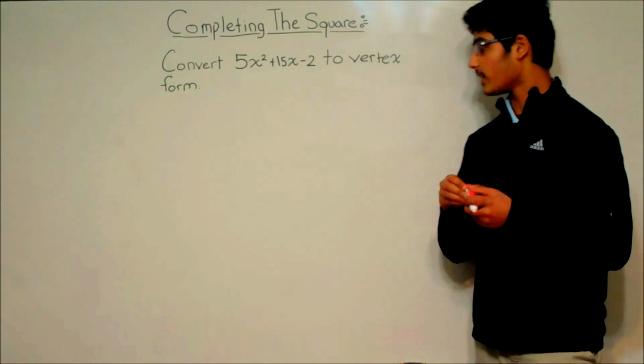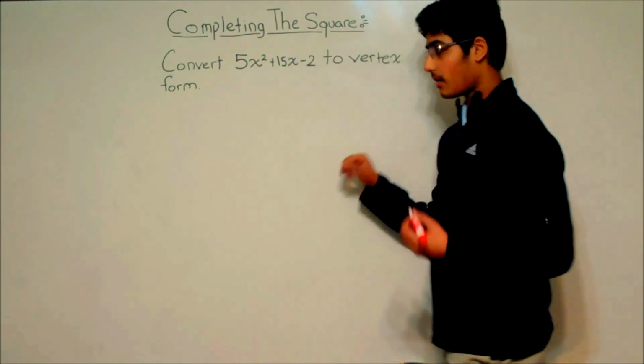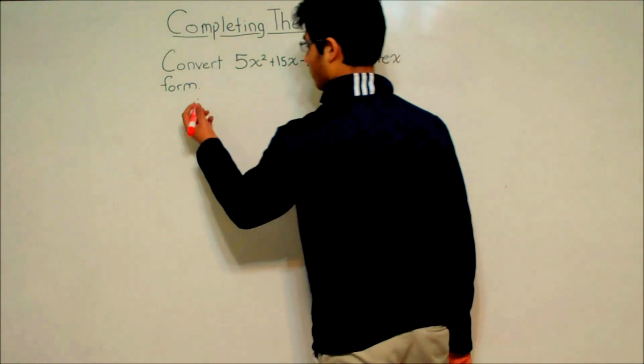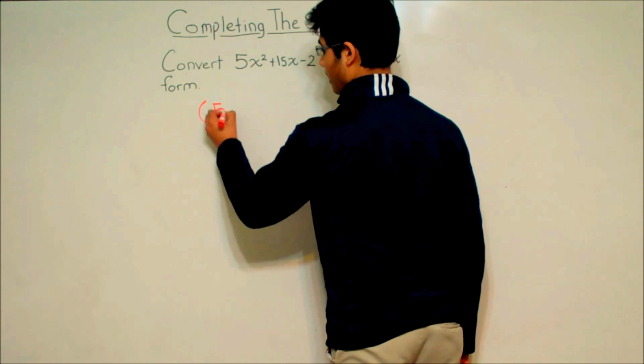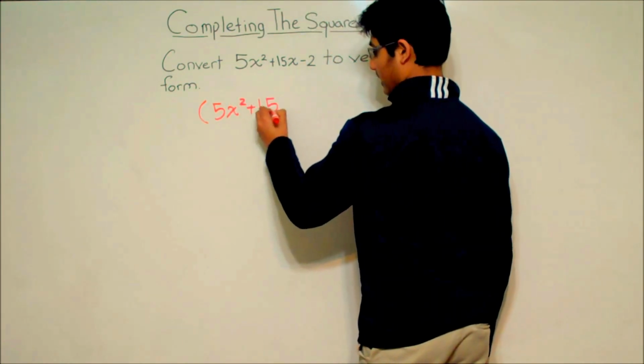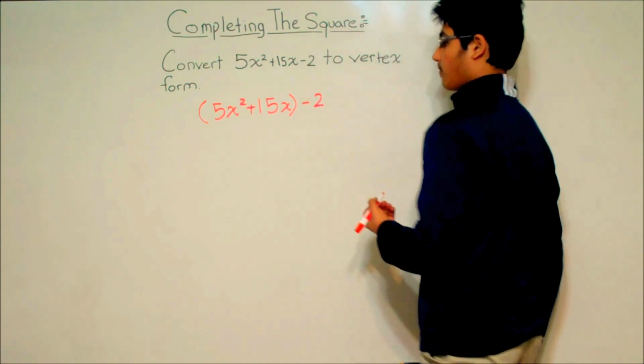When we rewrite this equation, let's break it up into two parts. The first part is going to be 5x squared plus 15x. And the second part is going to be minus 2, or negative 2.